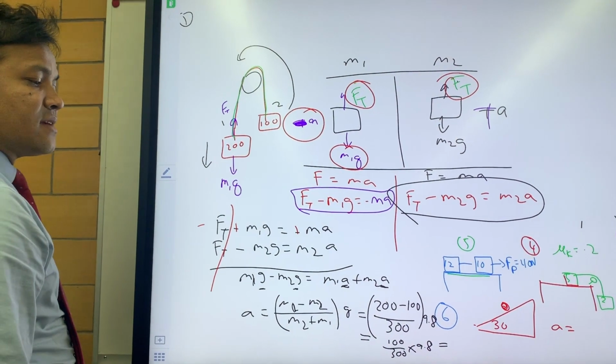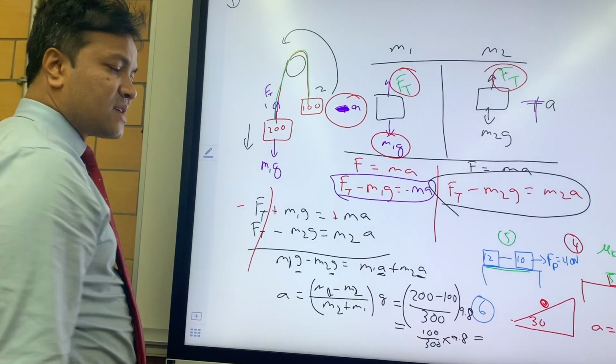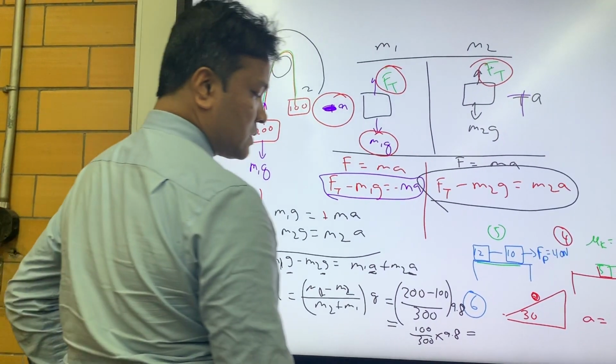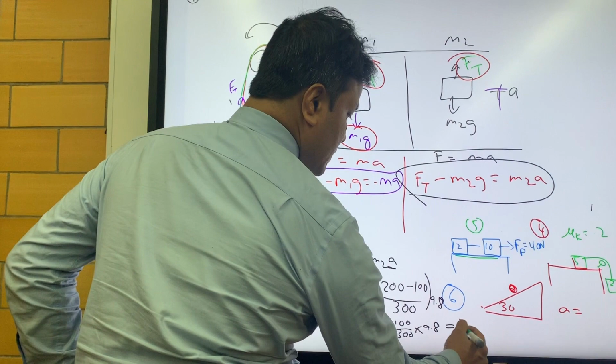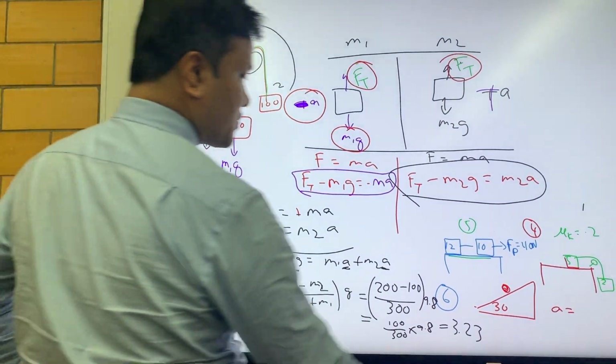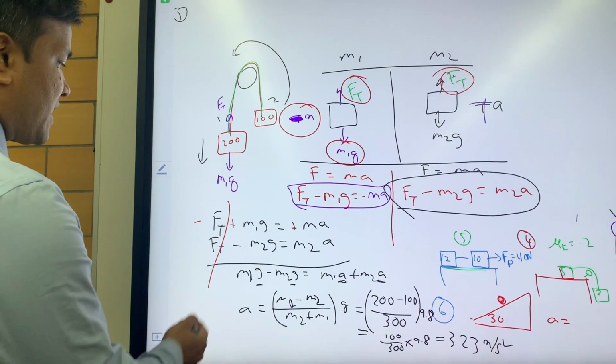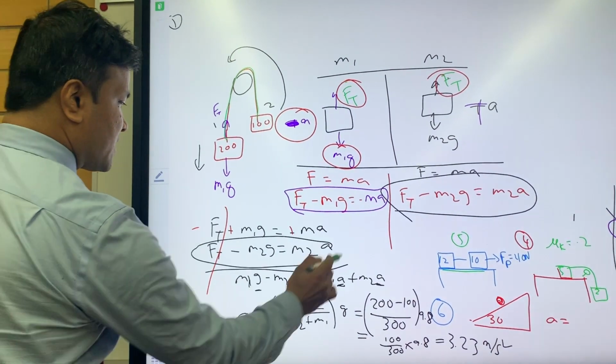0.33 times 9.8. So 0.33 times 9.8 is how much? 3.23. So the acceleration of this elevator is 3.23 meters per second squared. Now we can find the Ft. Finding Ft is very easy.